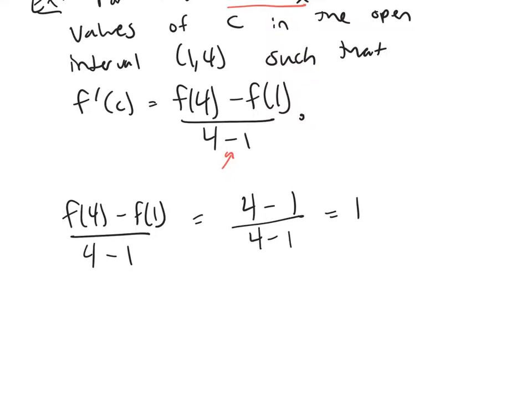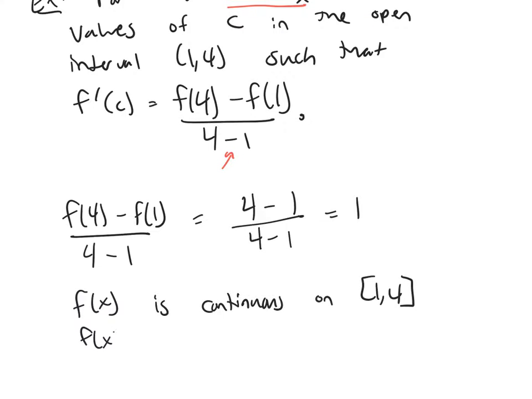And so I know that this function is not continuous everywhere, but it is continuous on the interval 1 to 4. It's only not continuous at x equals 0. It's continuous on the interval 1 to 4, and it's also differentiable on the interval 1 to 4.